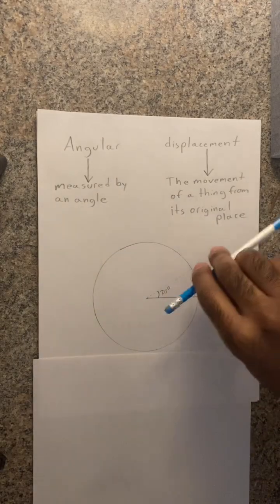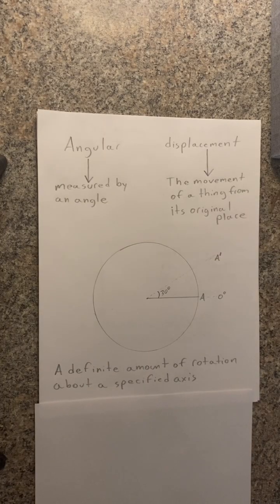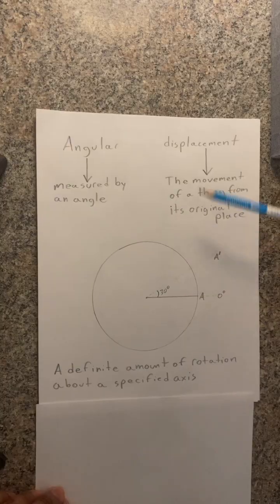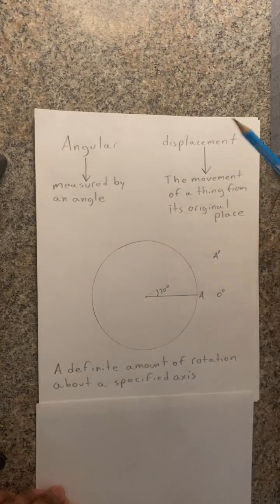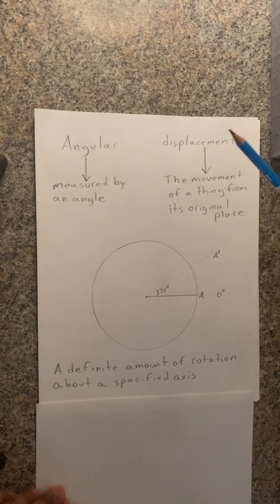We will just stick with, for this example, 0 degrees as the original place, and the movement from its original place to the 30-degree mark.